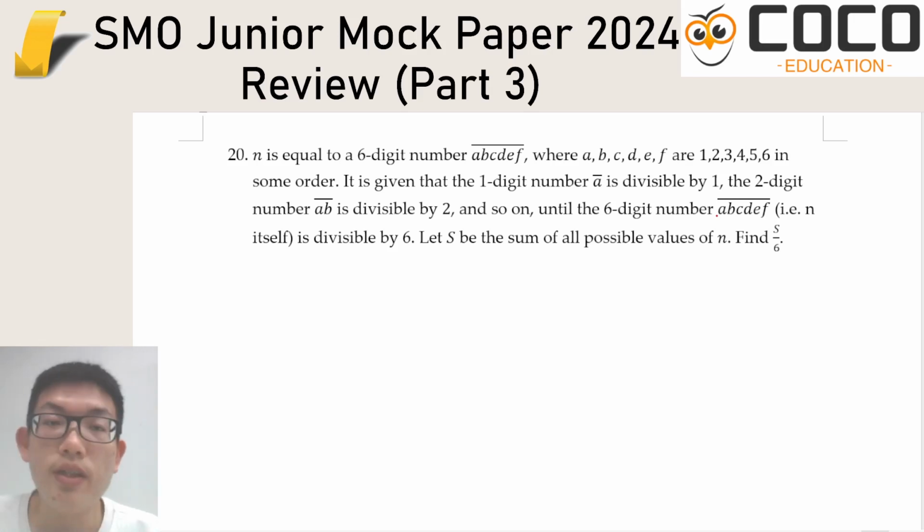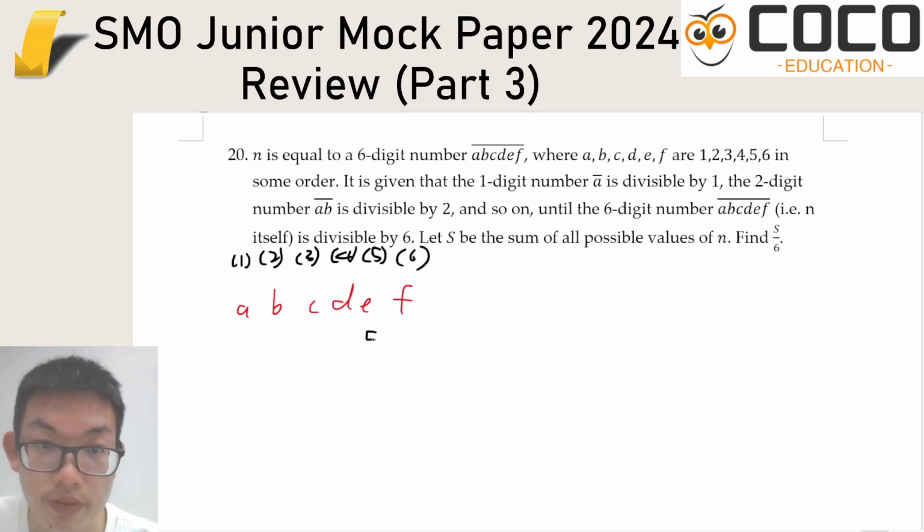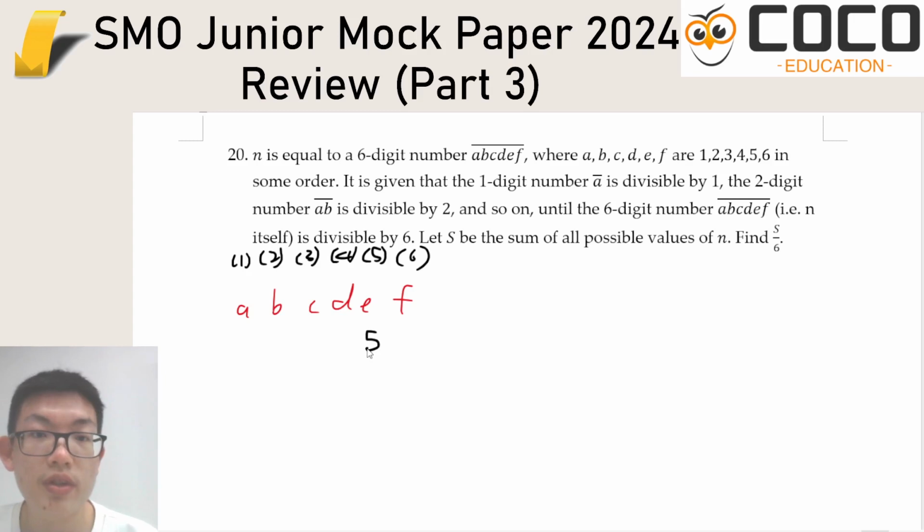Let's look at what actually we can say easily. So you've got the numbers A, B, C, D, E, F. First thing is the 1, 2, 3, 4, 5, 6 divisibilities would force E to be 5. That's pretty clear.